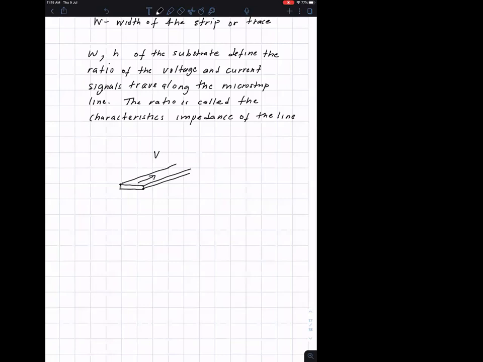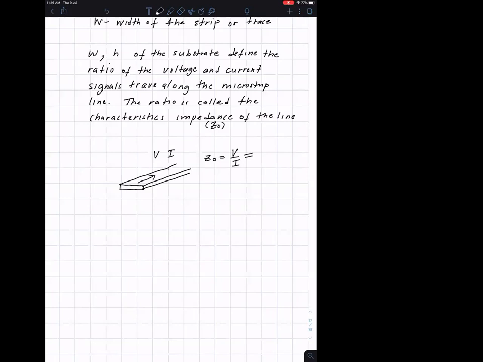Okay, let's call this voltage and current. So the characteristics impedance is defined to be the voltage divided by the current. Call this Z0, characteristics impedance Z0. It's voltage divided by current, and it must be consistent.